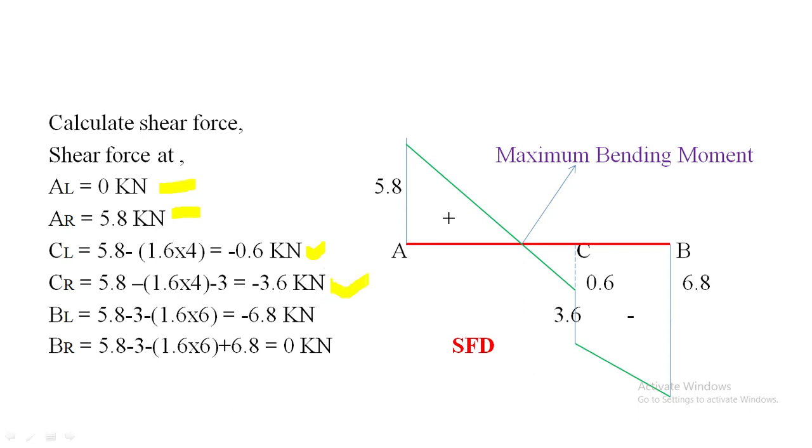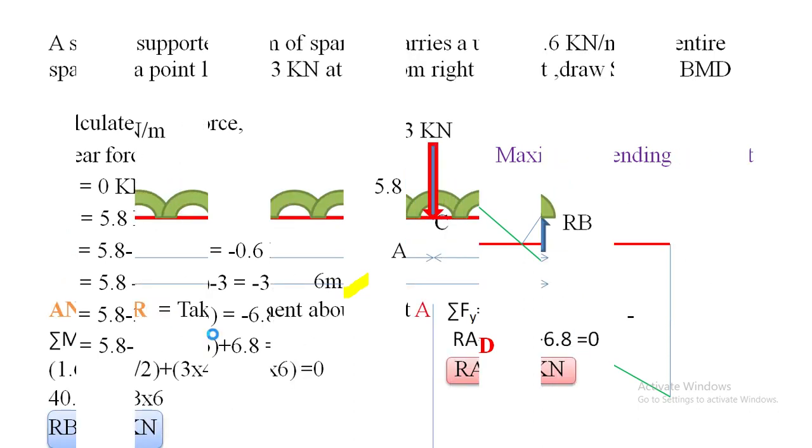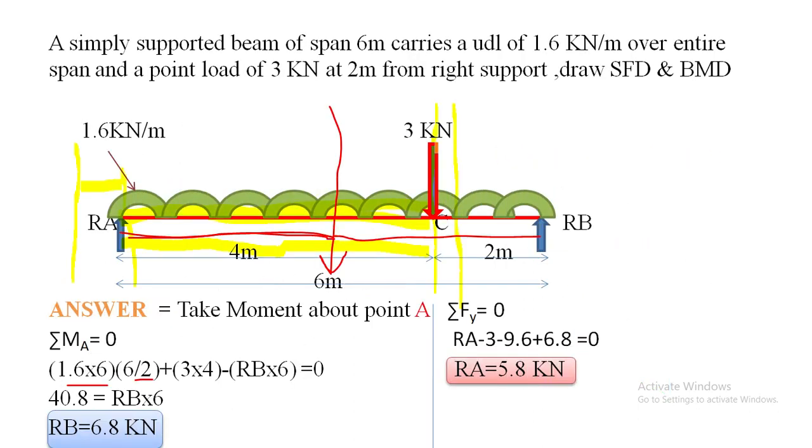Next is B of left. B of left is equal to 5.8 minus 3 minus 1.6 into 6, which is equal to minus 6.8 kilonewton. Means now this section line is drawn left to the B, or directly on the B. Now look left to the B, there are forces RA and C, and the total UDL.